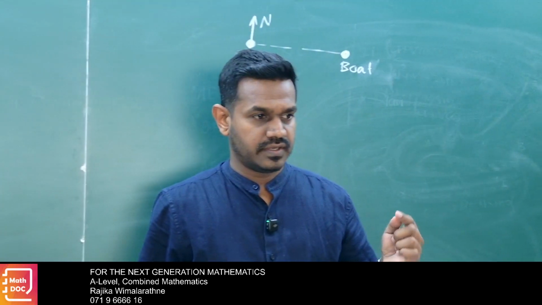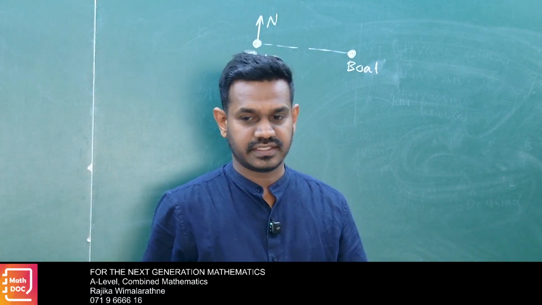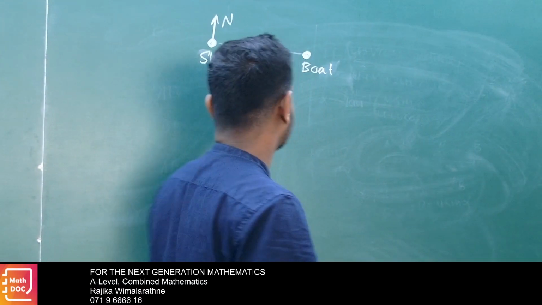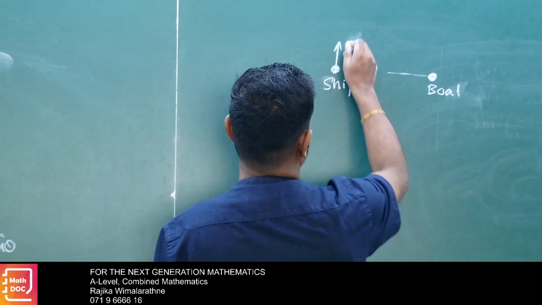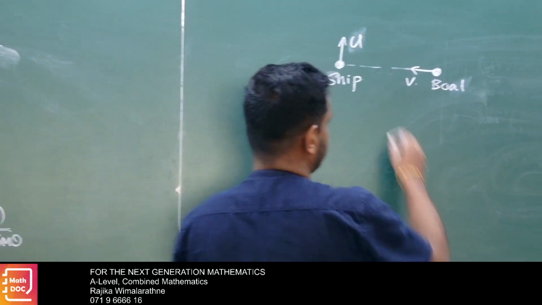Take the boat's velocity due west. Okay, this is u, this is v. Initial displacement d.